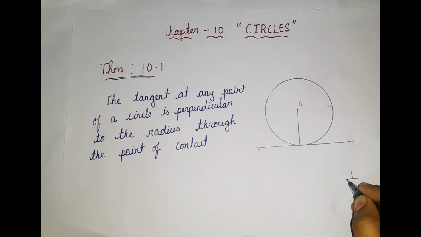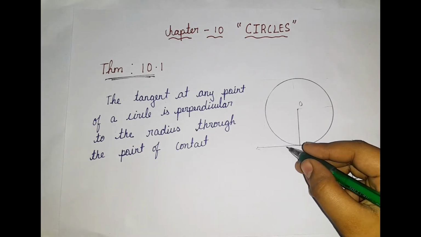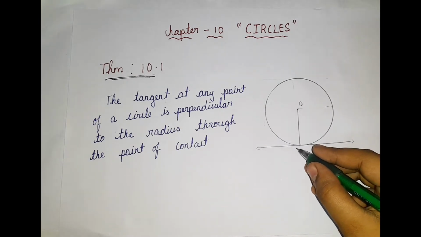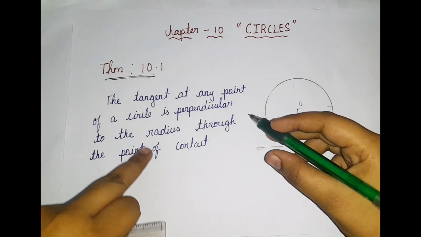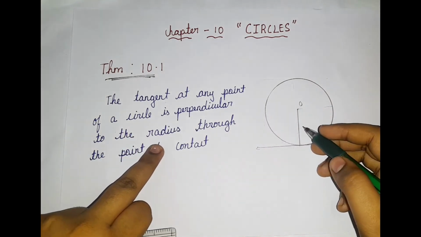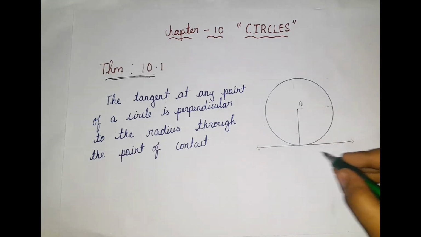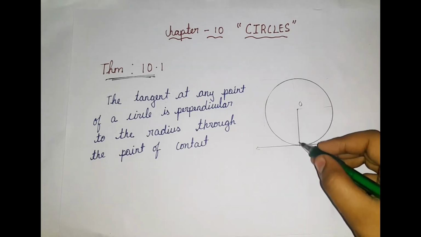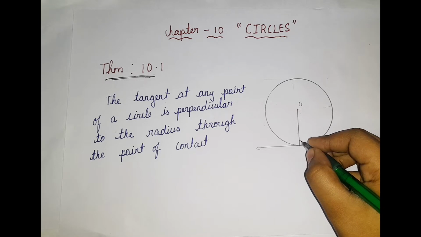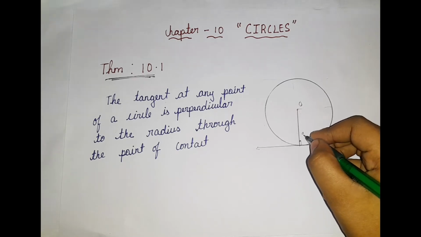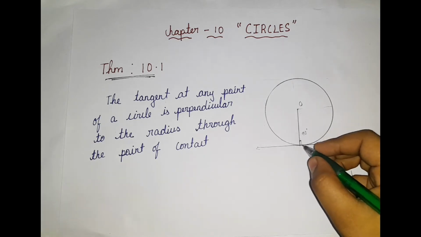So this radius should be perpendicular to the tangent. This line is known as tangent, and this is known as radius, so it should be perpendicular. The perpendicular symbol represents 90 degrees, so you can represent it like that. It is a 90 degree angle.